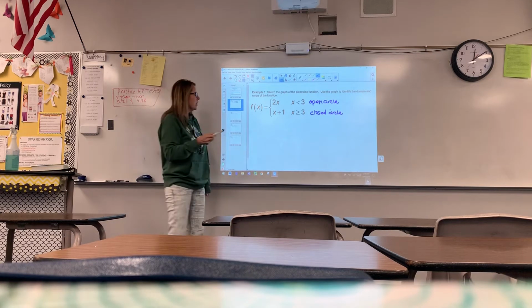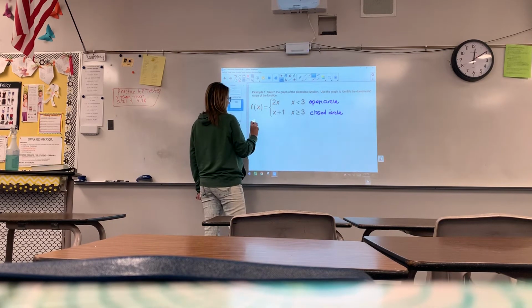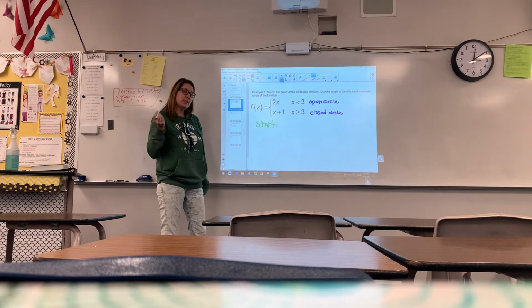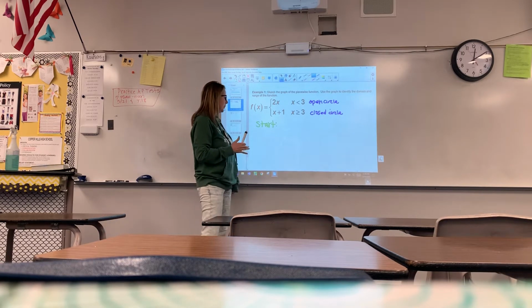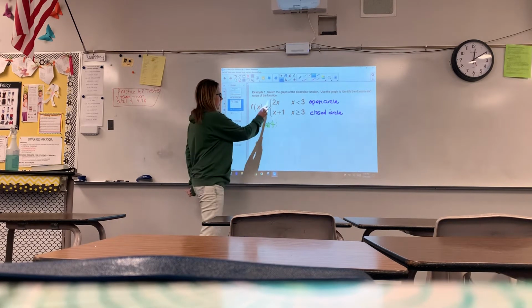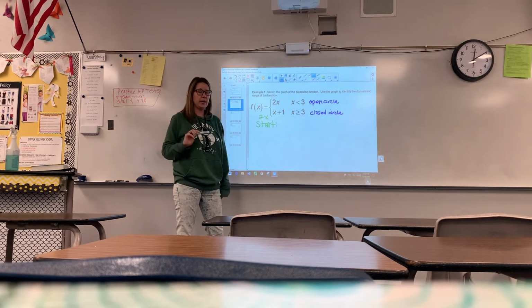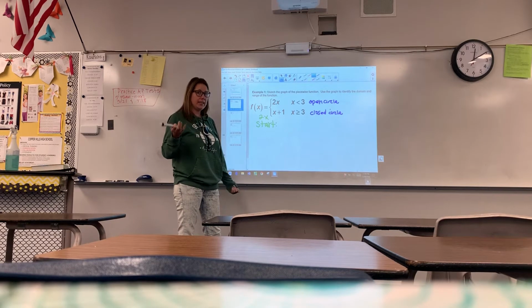Okay? So now I'm going to do green. The green part is locating a start and an end point. Sometimes, depending on what the function looks like, you might have to know a couple of points in the middle to see how it curves together. We'll do an example like that as well. 2x is a straight line, so I don't need to worry about any points in between. I just need 2 points and connect the dots.